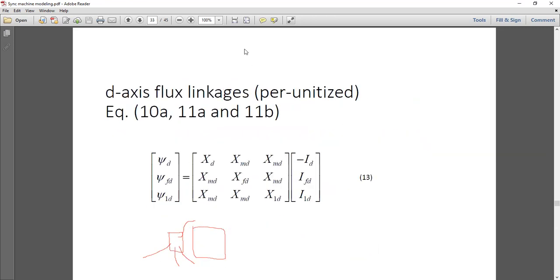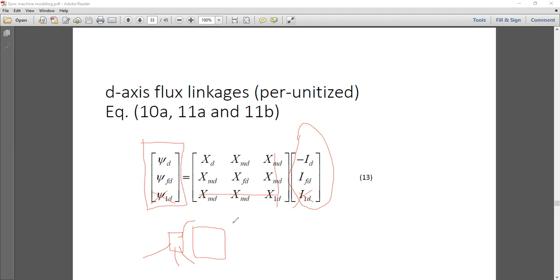If we ignore the damper coil, which of these terms will vanish from this column? psi 1D, excellent. From this matrix, what will be vanished? We come to this later. First, what will vanish from this column? I1D. So the terms coupling these two will vanish.